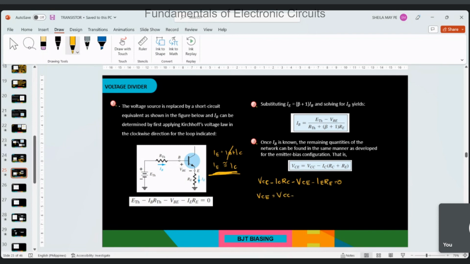VCE is VCC minus ICRC minus IERE. But IE equals to IC. So therefore, VCC minus IC RC minus IC RE. Combine RC and RE having the same or common current for them. So that's IC. Muna siya ang equation class. And that's for exact analysis.